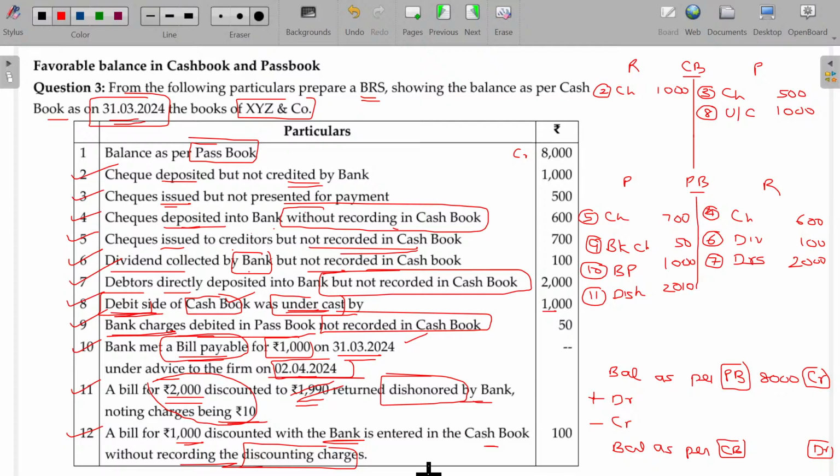Make it faster. 100 rupees. Okay. Clear?